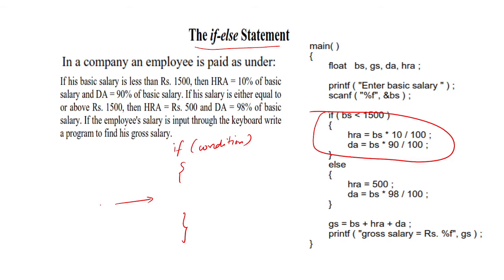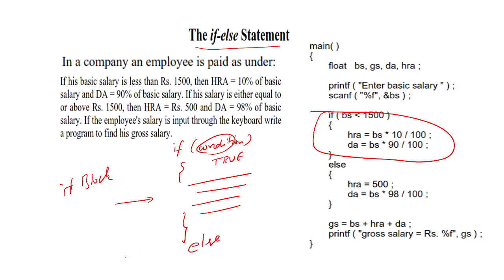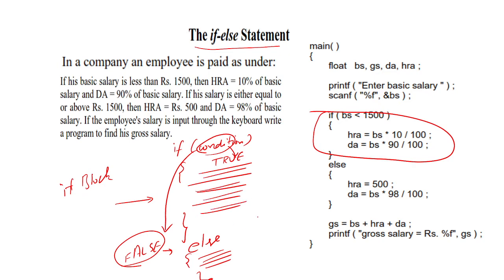If this condition is true, our compiler will go to these statements, and if the expression is false, it will go to the else statements. So these statements will be executed on the false of the condition, and on the true of the condition it will go to the other statements.